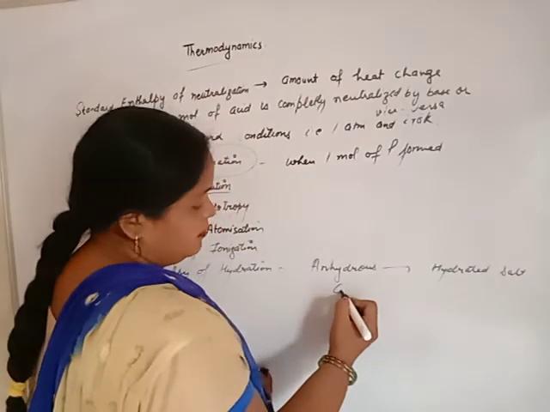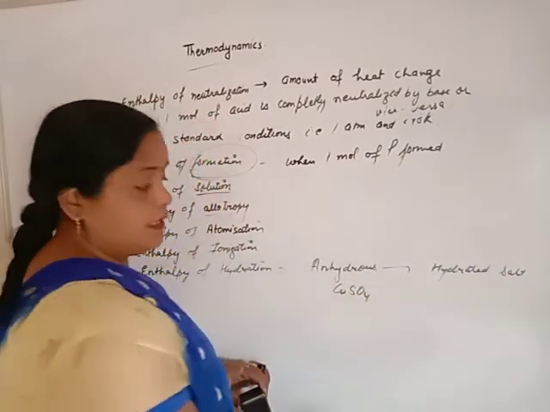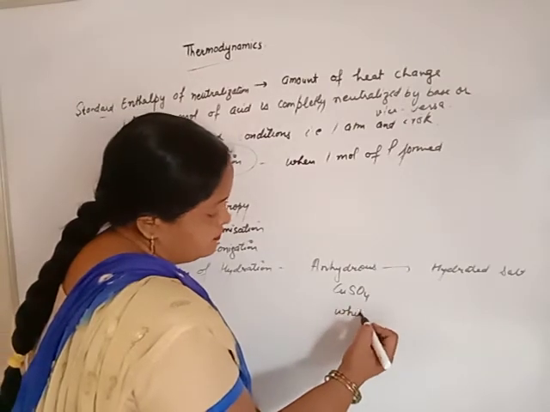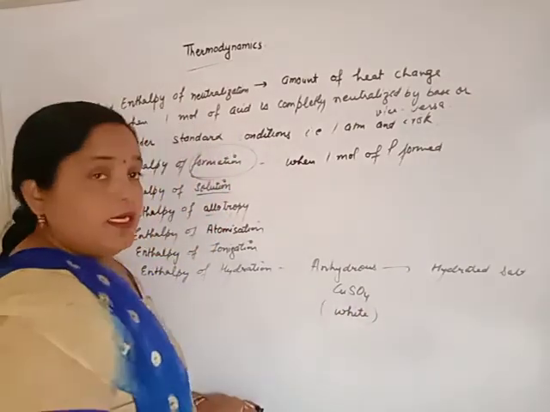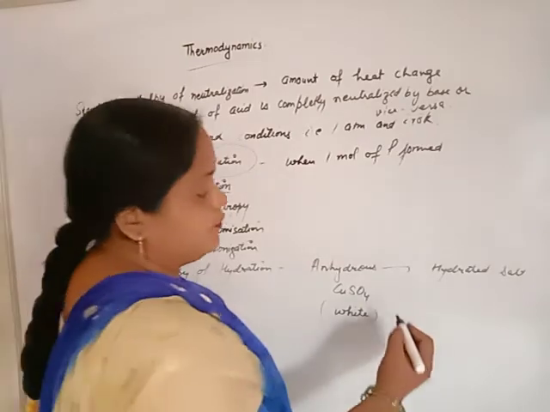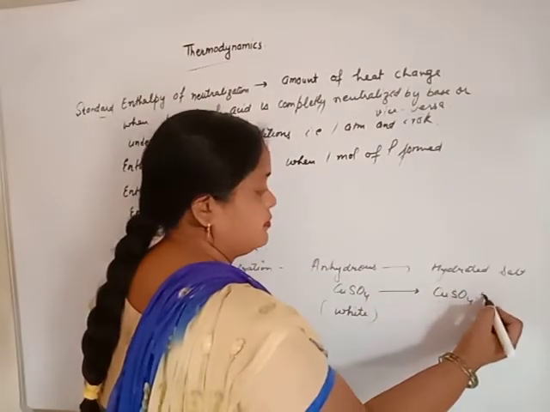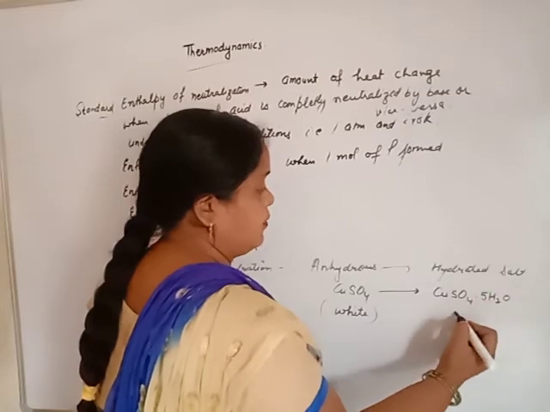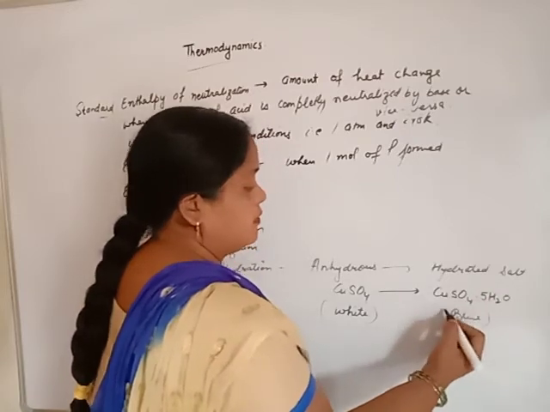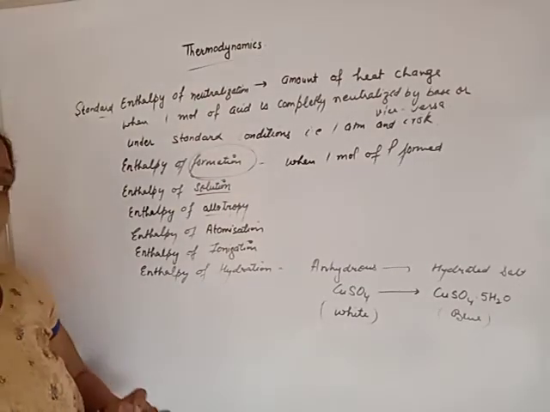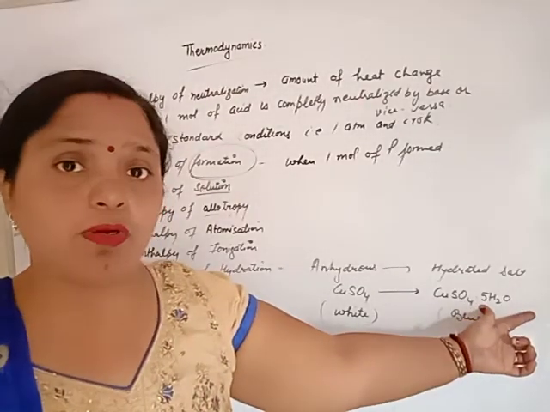For example, anhydrous copper sulfate is white in color. It adsorbs water as water of crystallization, 5 water molecules, to give a blue color. And we know the color of copper sulfate is blue, only when it has absorbed 5 water molecules.